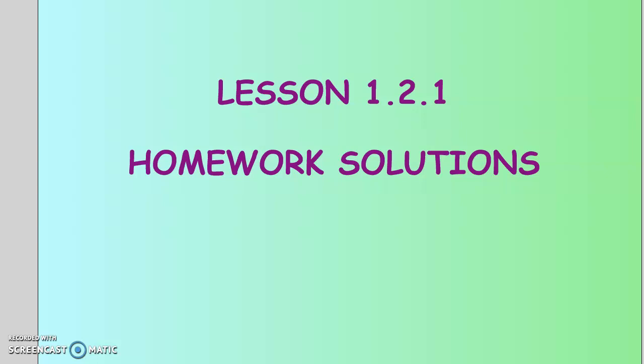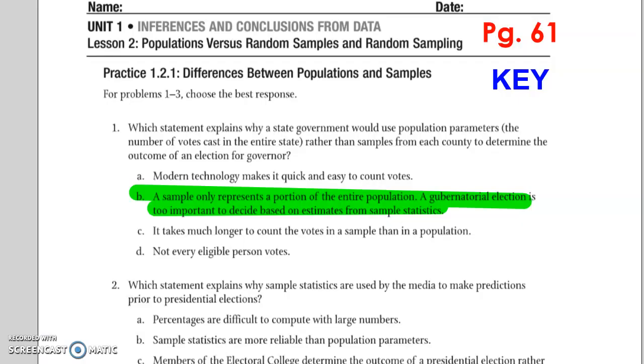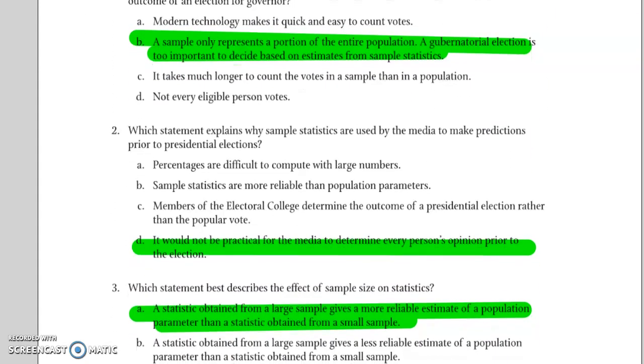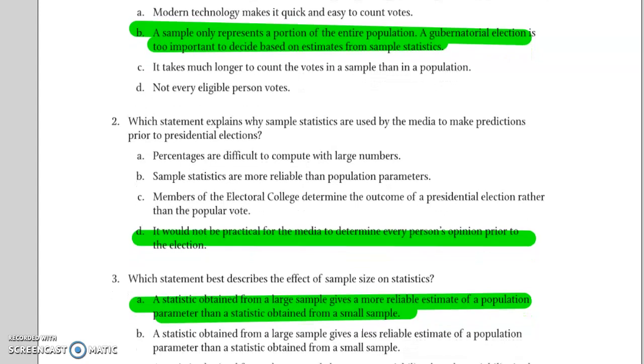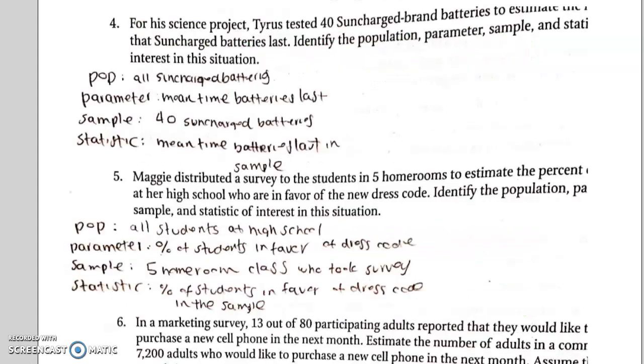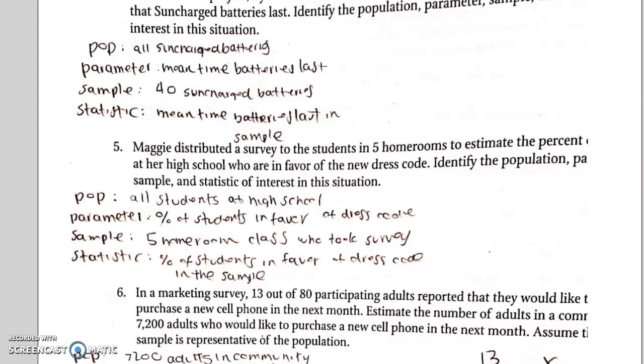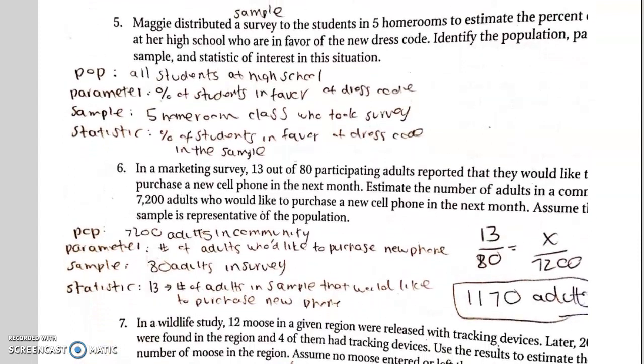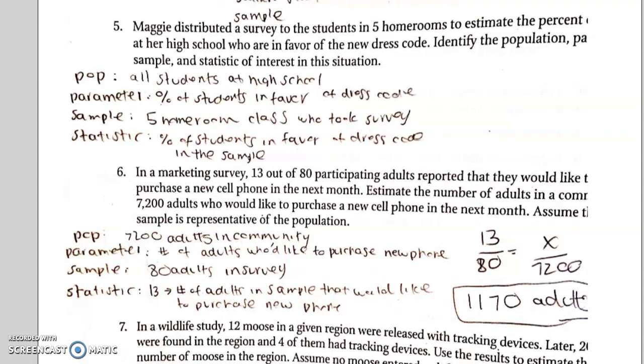All right, and then here are some worked out solutions. So the first 3, like I said, are basically multiple choice. So hopefully you selected the correct answers. Sorry about the messy handwriting. Again, remember, if I'm scrolling too fast, please just pause the video.